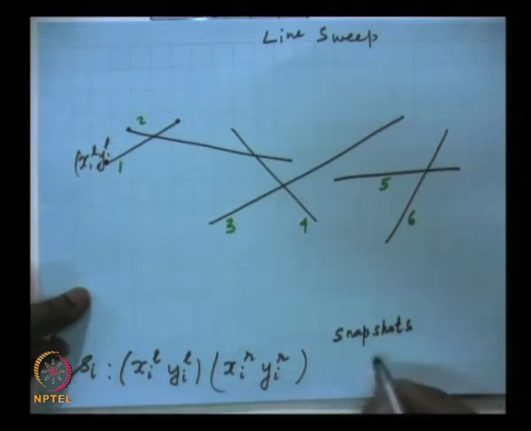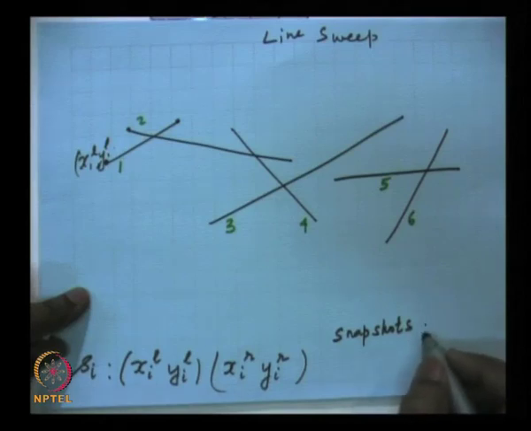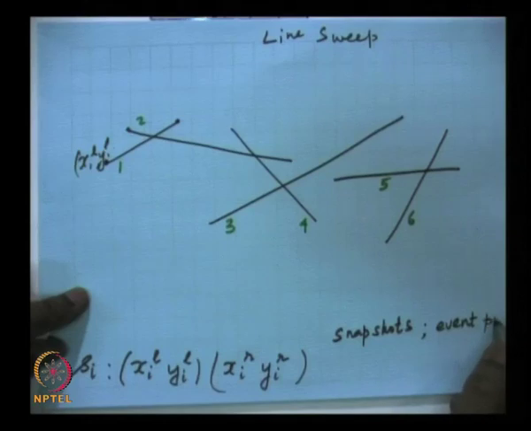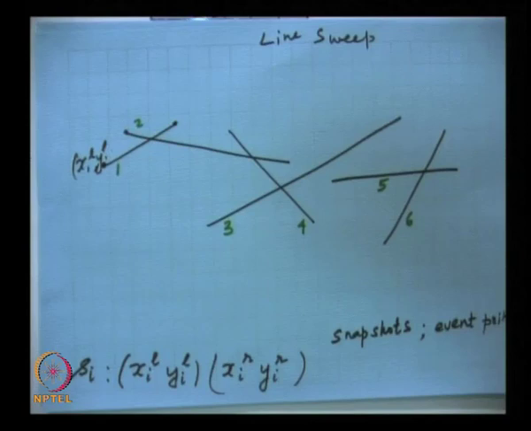I will be interested in the snapshot only at the event points. I will tell you what the interesting events are, and that will depend on the context of the problem. In the context of this problem, I will be able to tell you what the event points are.